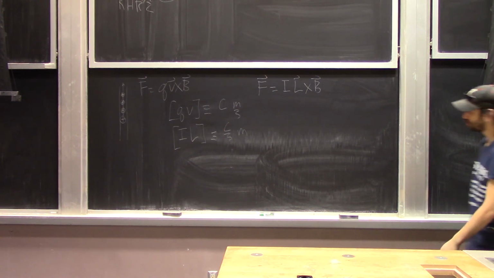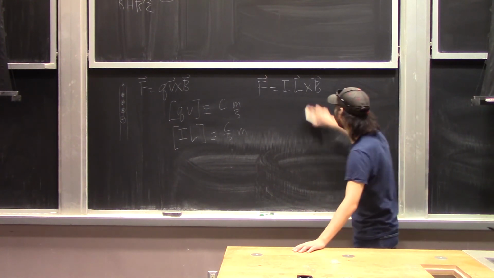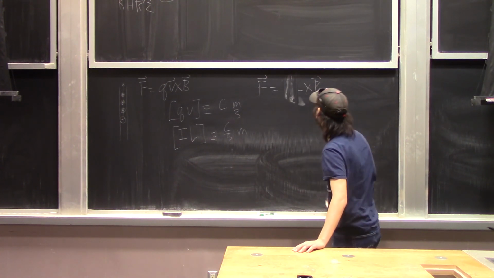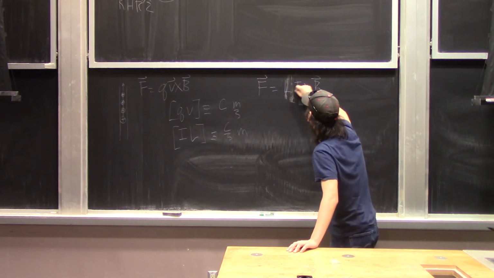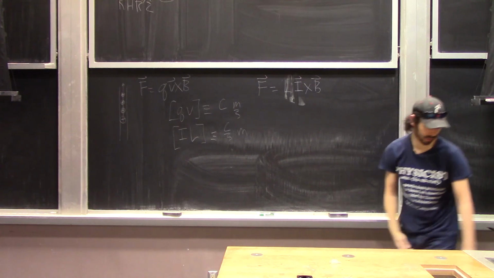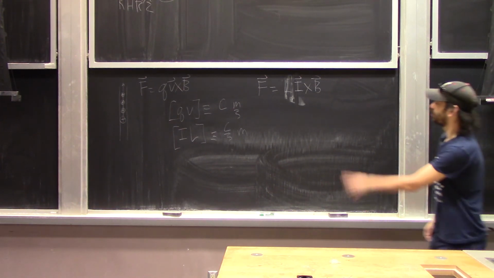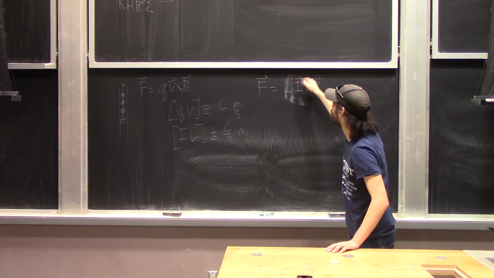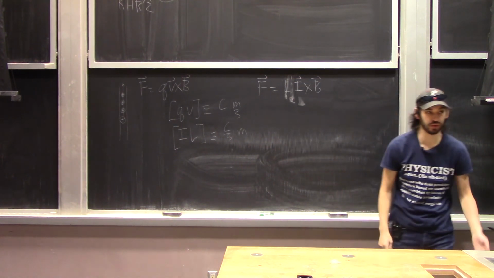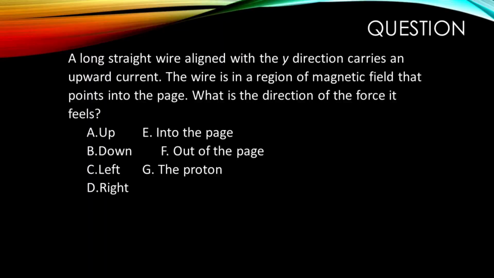So, for us, I can be lazy with my notation. It's actually better if we say that this is L I vector cross B. But there are various reasons why you really don't want to define the current vector. But this just says the direction of the current crossed with the magnetic field. Okay. So look at this question now.